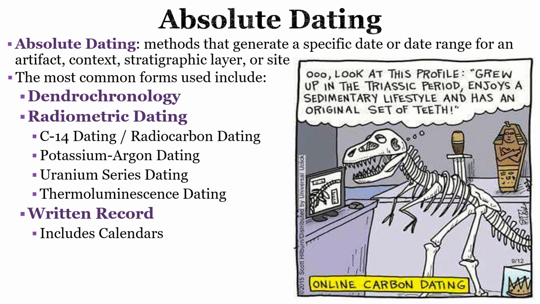And in this regard, this is how we can sometimes come up with those objects of known age. So the most common forms that we use are dendrochronology, radiometric dating, and the written record. So if I were to ask you on an exam, is the written record a form of absolute dating? You would reply, absolutely.